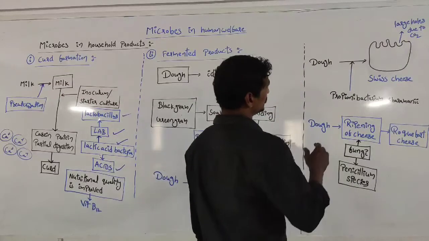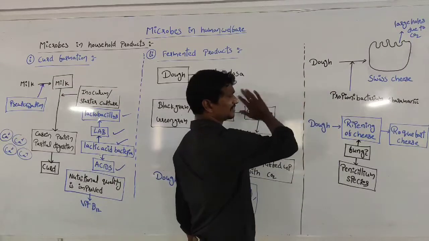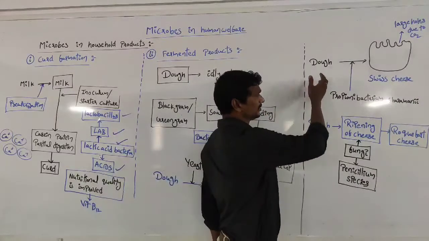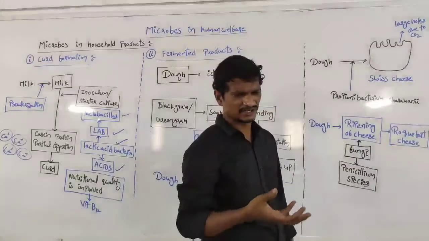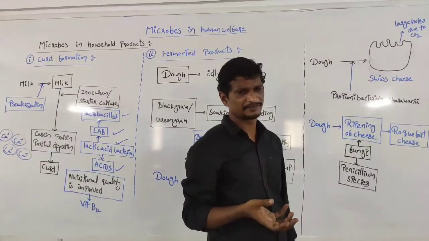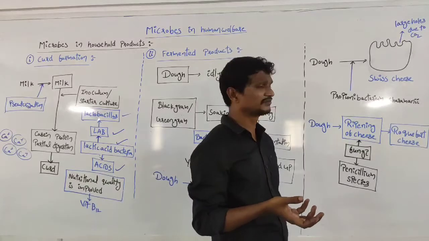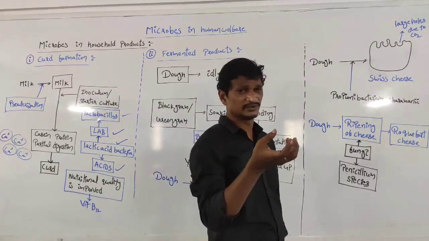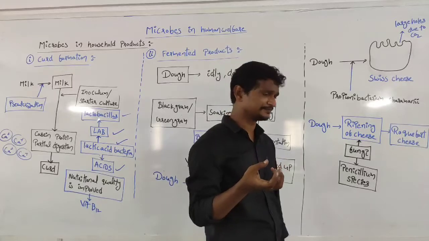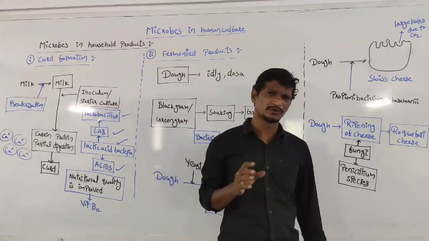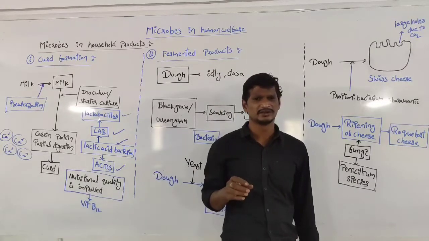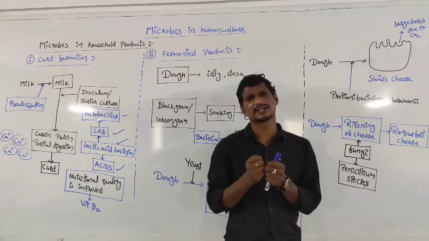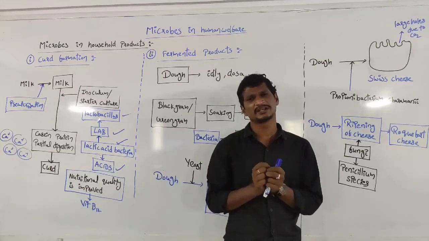So we prepare the dough. Dough here is nothing but, not cereal substances. Here dough is nothing but the normal daily milk, substituted with the first milk we collected. The first milk means here one cow is there. The cow produces the baby. First time the cow gives the milk. That milk we are collecting.